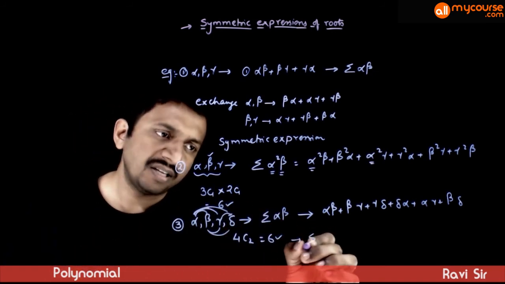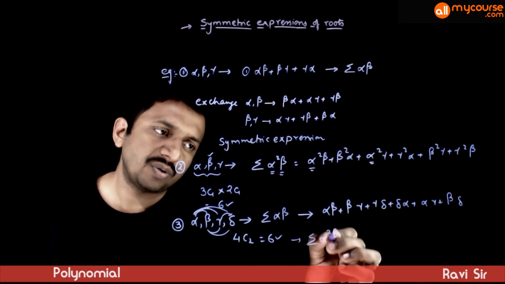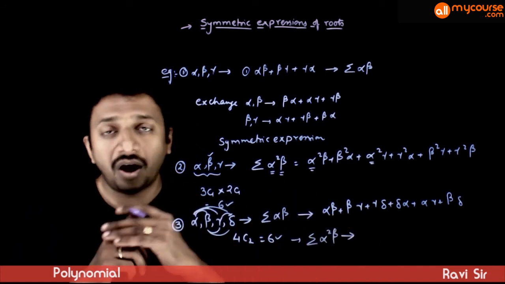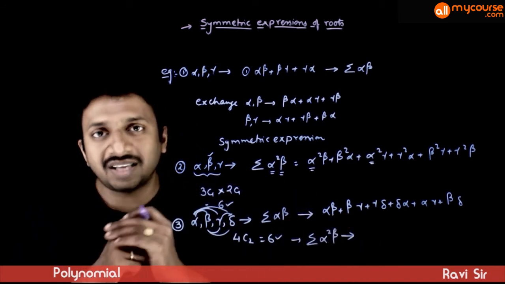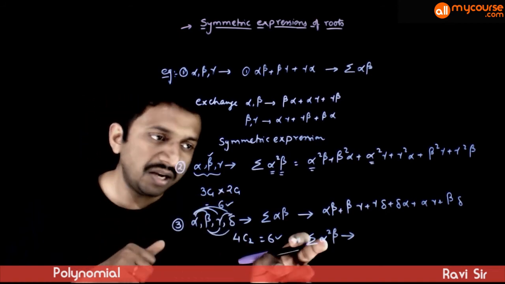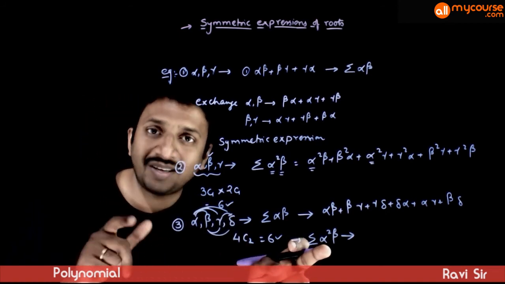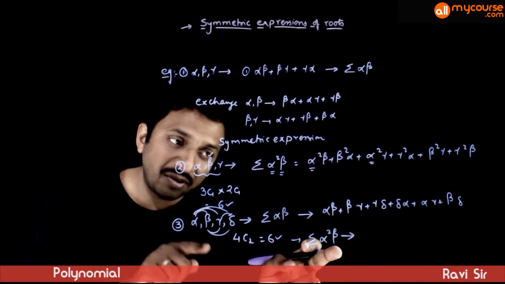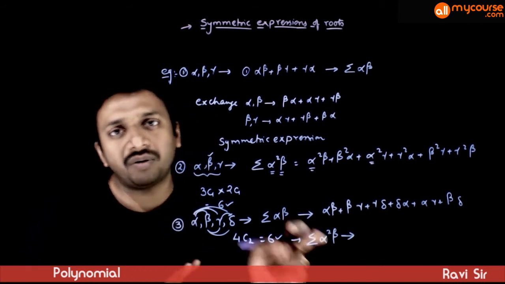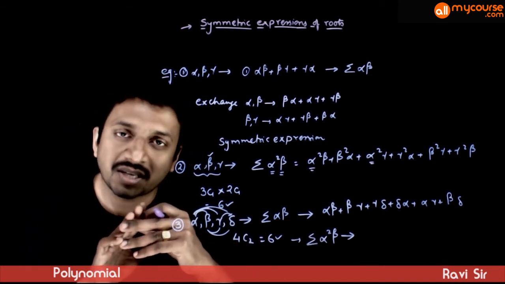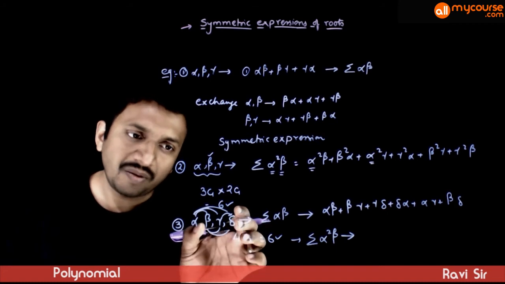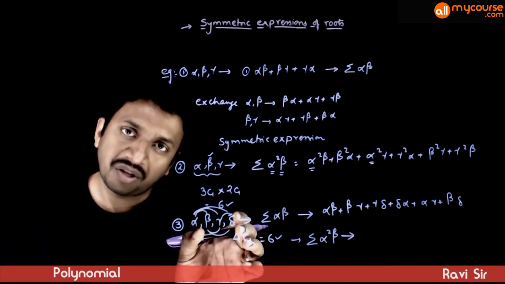So if you have sigma alpha square beta, how many terms does this expansion have? Here you need to select one root to give a square and you have to select another root to give a power 1. So in how many ways can you do this? Initially, you have to select one of the roots to give a square.